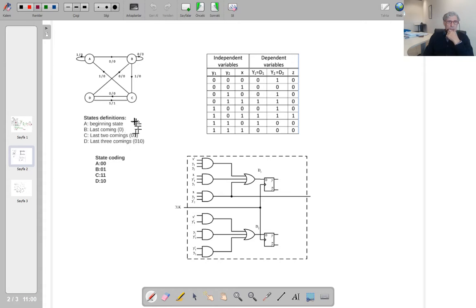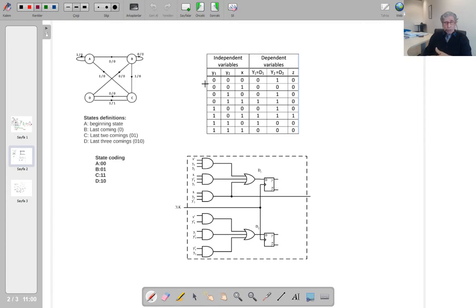So the definitions are the same, and for state coding, you could choose any coding, because we didn't examine the state assignment methods, so you could give any assignment you like in order to find out a circuit. Now the next thing after you draw the state diagram is to put the state table in.